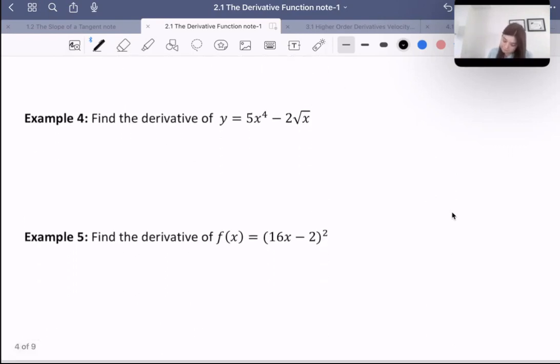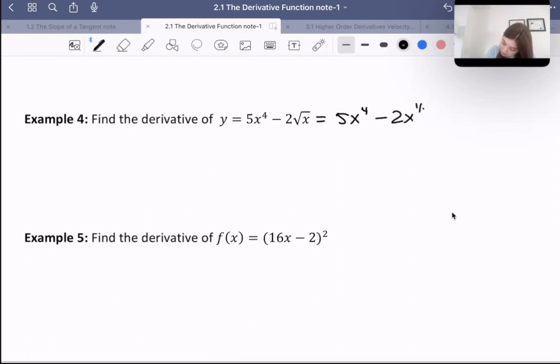Okay, let's find the derivative of this one, and let's note quickly that this is the same as 5x to the power of 4 minus 2x to the power of 1 half. Now keep in mind here, this is the first example where we actually have two terms, right? We have 5x to the power of 4, and we have negative 2x to the power of 1 half.